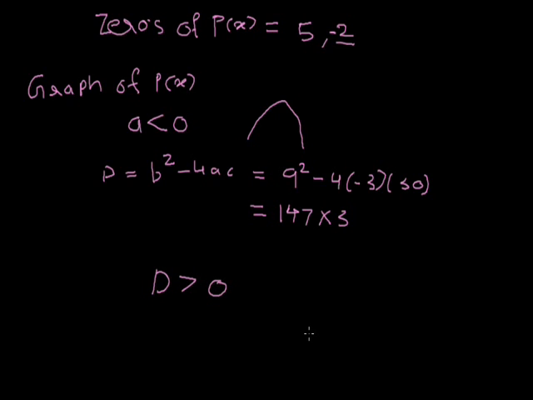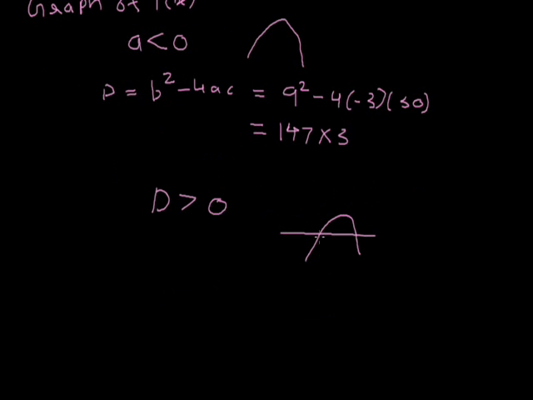It means the polynomial p of x has two real and distinct roots, meaning it cuts the x-axis at two distinct points, and the roots are minus 2 and 5, where it cuts the x-axis.